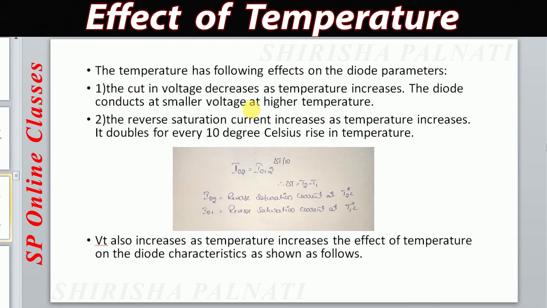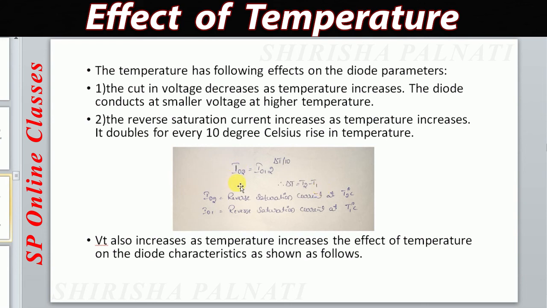These two points relate to the effects of temperature. If the cut-in voltage decreases, the temperature has increased, meaning the diode conducts at a smaller voltage at a higher temperature. And the reverse saturation current increases, doubling for every 10 degrees Celsius rise in temperature. The formula is I02 equal to I01 times 2 power delta T by 10, where delta T equals T2 minus T1.